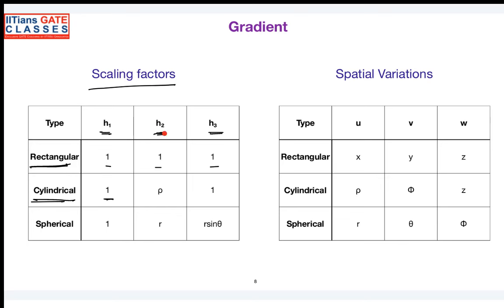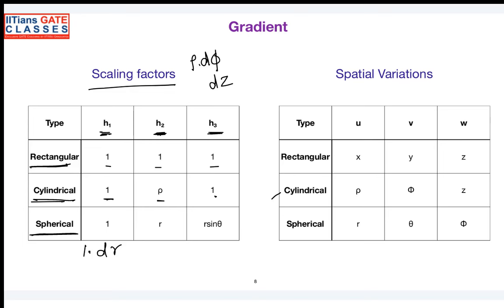Similarly, in case of spherical, what will happen? h1 represents r variation. In r variation, you got dr, right? So the multiplier will be 1 itself. h2 represents theta variation. In theta variation, you have r into d theta. So the multiplier will be r itself here. And when you move in the h3 direction, you are moving in phi.